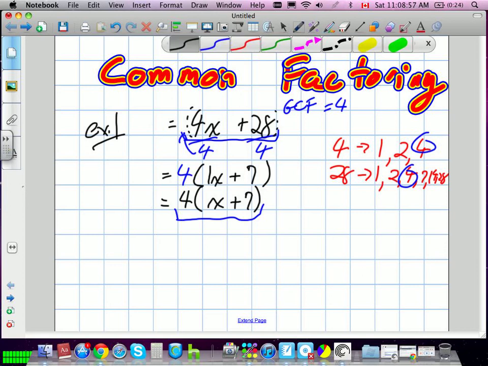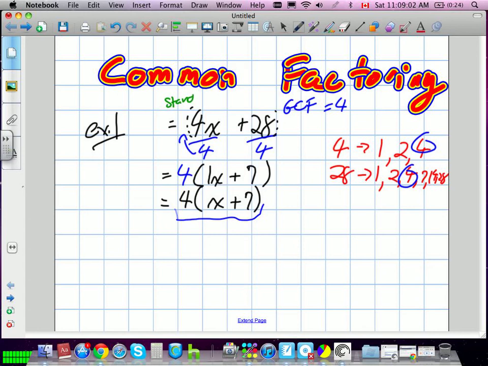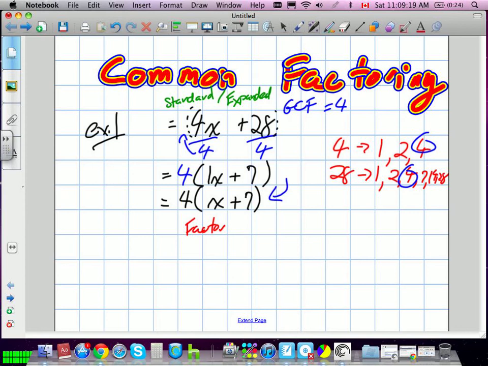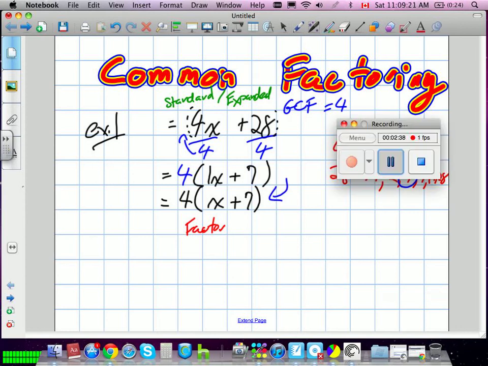So we can call this standard or expanded. A lot of times I talk about this being expanded form, so standard or expanded. And down here, this is our factored form. So whenever they're asking for factoring, they're looking for stuff to go into a form like that.